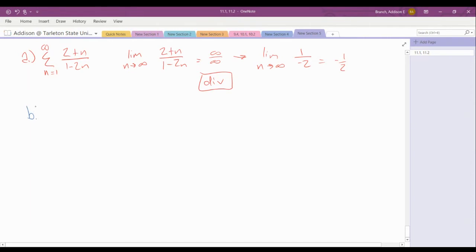For our next one, we have 2 to the n plus 4 to the n over e to the n.